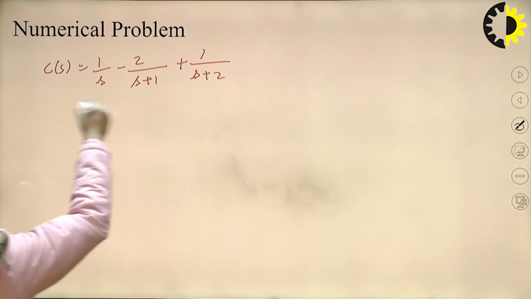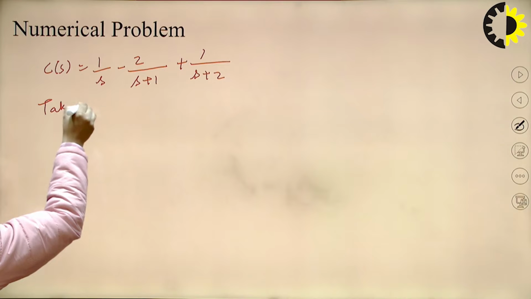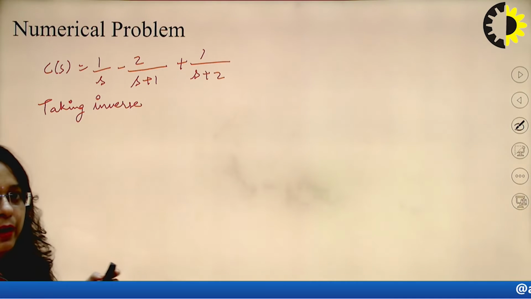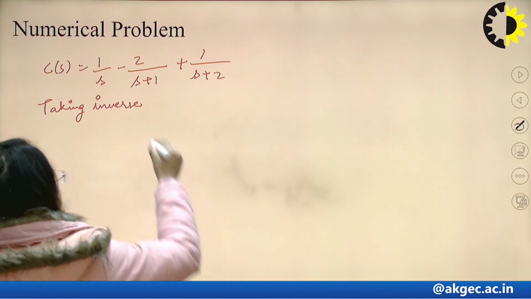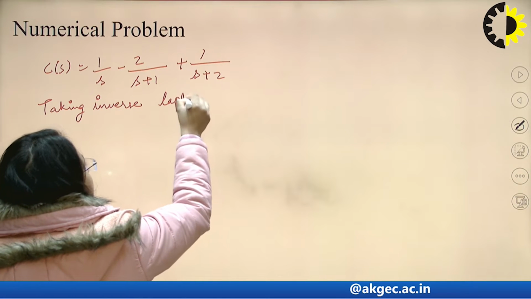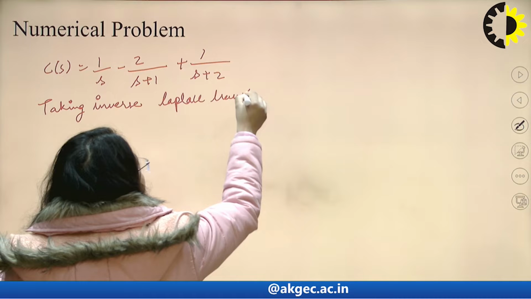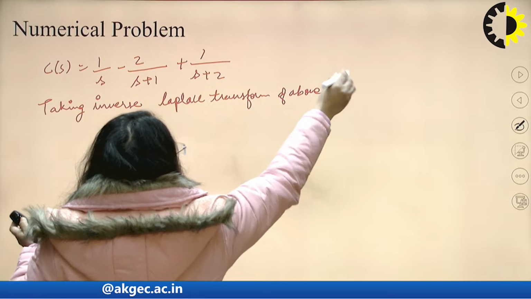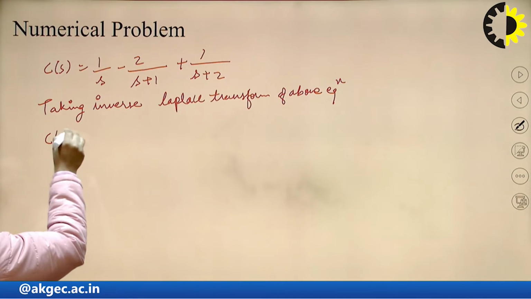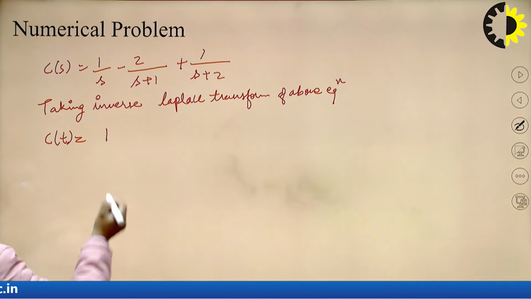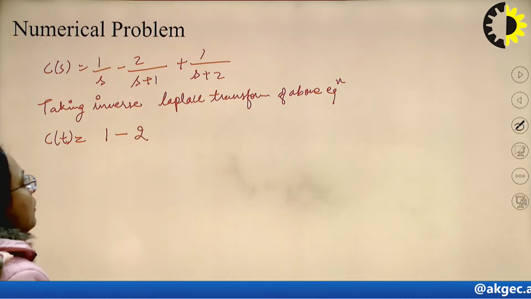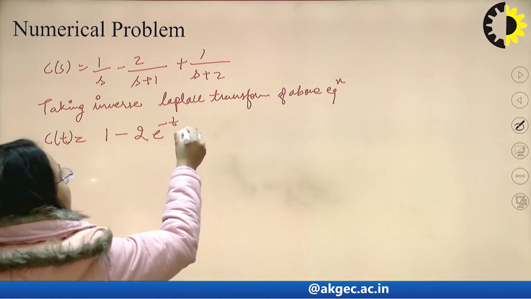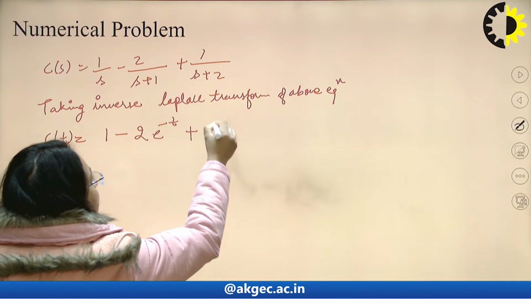Now, taking the inverse Laplace transform of the above equation, we will get the value of c(t), that is the time response of the system. 1 by s can be written as 1 or u(t), minus 2 into 1 upon (s plus 1), which will be e raised to the power minus t, plus 1 into e raised to the power minus 2t.